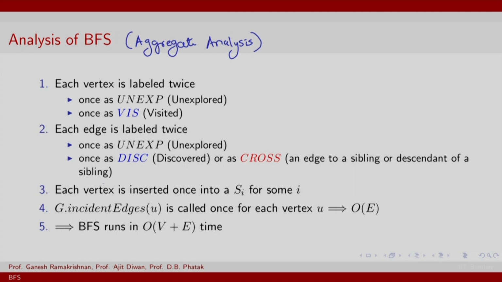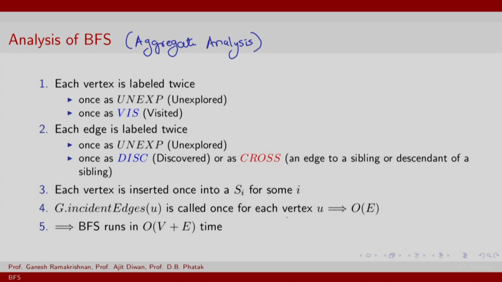Coming back to the initial algorithm, each edge is also labeled twice, once as unexplored, the other as discovered or as cross. So an edge is never labeled as both discovered and cross, it is either of them. And then each vertex is inserted once into S_i for some i. It cannot be inserted into multiple S_i's, because a vertex is inserted only when it migrates from being unexplored to visited, which happens exactly once. And you look at all the incident edges for u exactly once for each edge.